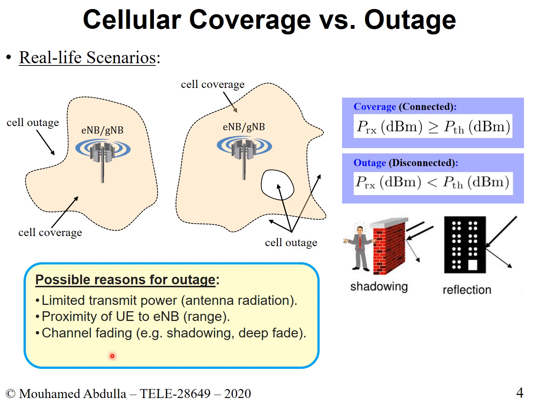Other reasons why there could be outages, perhaps we talked about these different attributes of channel fading. You have shadowing, that's one aspect that will hinder your signal. You have reflection, where a signal touches the building and gets reflected. So you're intending to send it somewhere, and suddenly your signal goes somewhere else. Or you might have scattering.